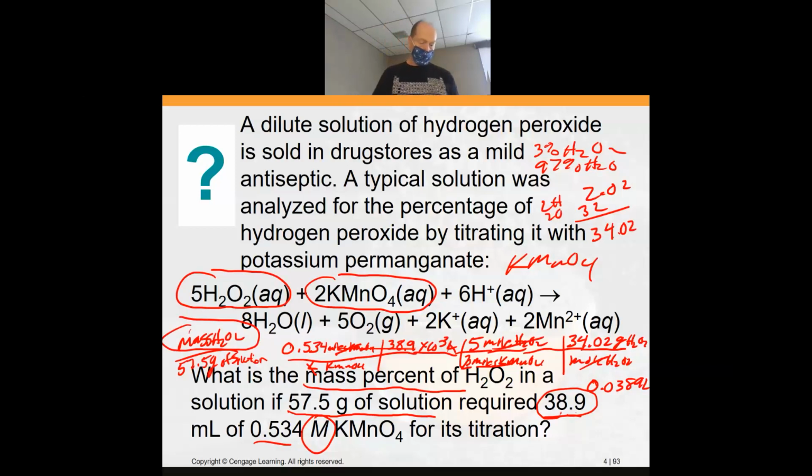All right, so when we push the buttons, we have our 0.534 times 38.9 E negative 3, or the negative button 3, not minus 3, times 5, divided by 2, times 34.02, and you get 1.77 grams.